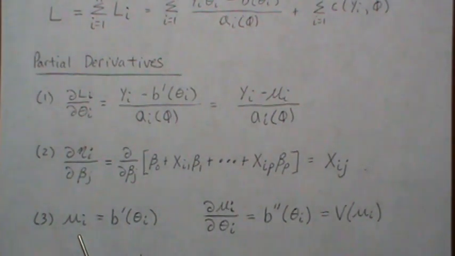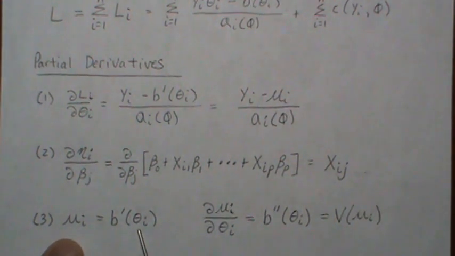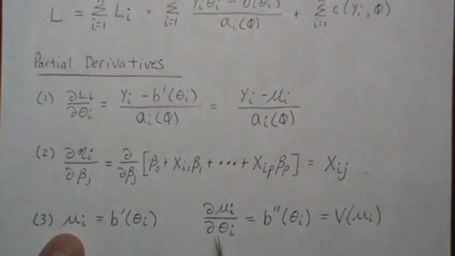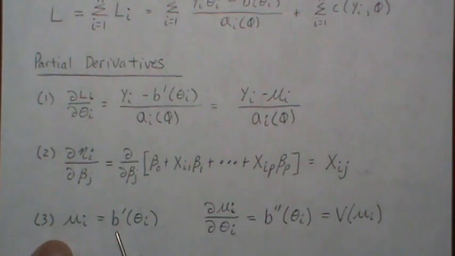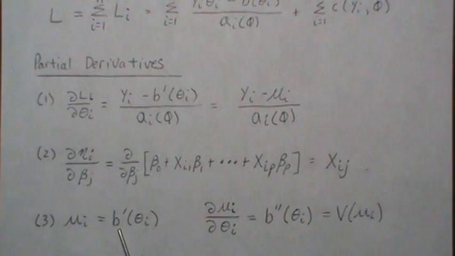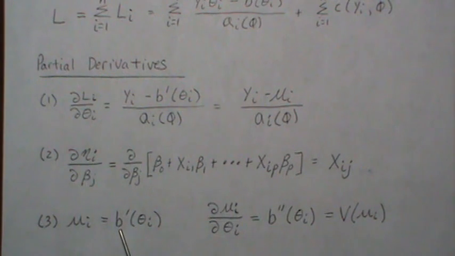Then we know that mu_i is the derivative of the log partition. And so if we take the derivative of mu_i with respect to theta_i, it's just the second derivative, which is what we're calling the variance function. But notice that we proved in BV2 that the derivative of the log partition is a strictly increasing function, so it's invertible.